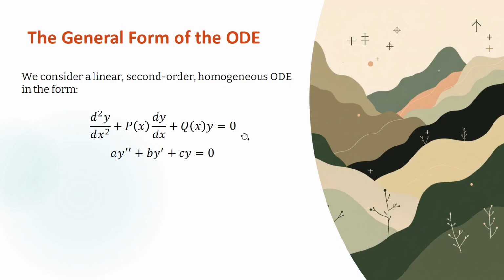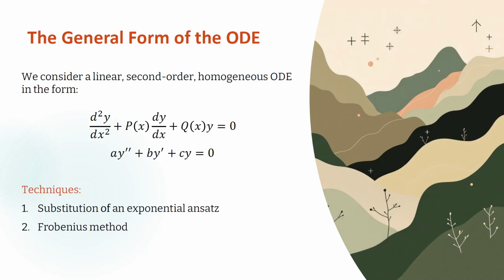In many mathematics and physics books, this could be written in this form: a y double prime plus b y prime plus c y is equal to 0.